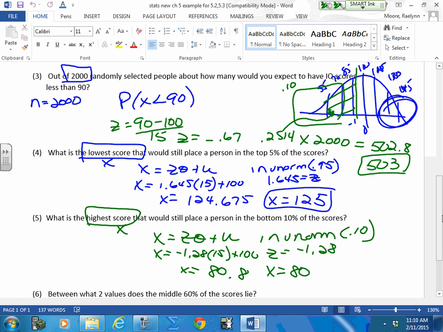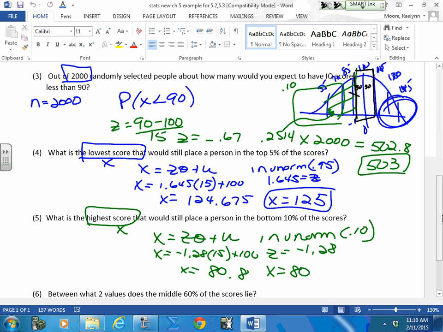Good. Let's see if we can fit one more in. I want the middle 60%. Where do I find the middle 60%? Smack in the middle. How much percent to the left? 30. So 60%, this is about 68. I'm falling right in here. So there's 30 here, 30 here.